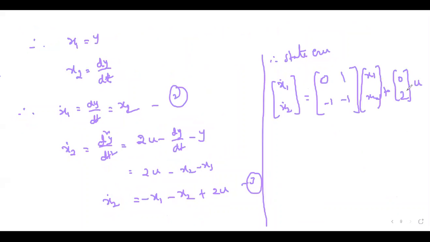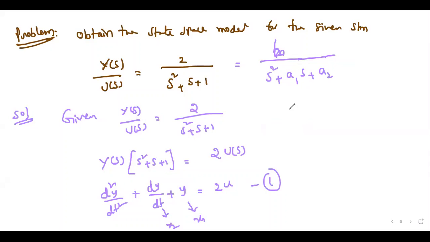Therefore, in place of b naught we got 2. In the general notation, what should we write for x1 dot, x2 dot? Here it is the A matrix, and here it is an identity matrix.